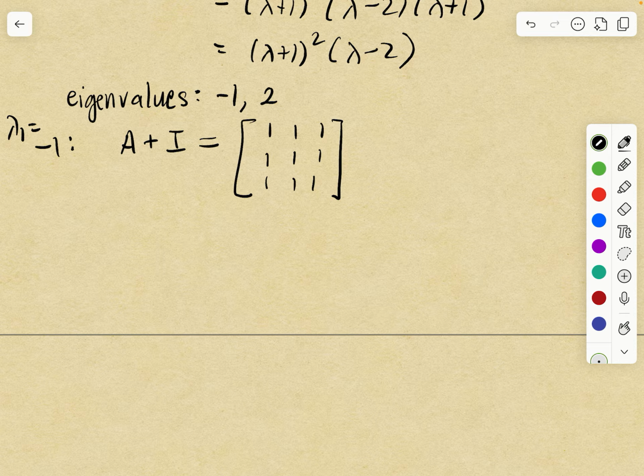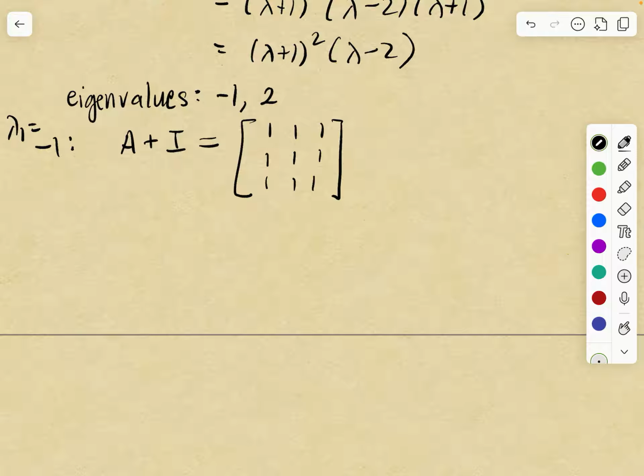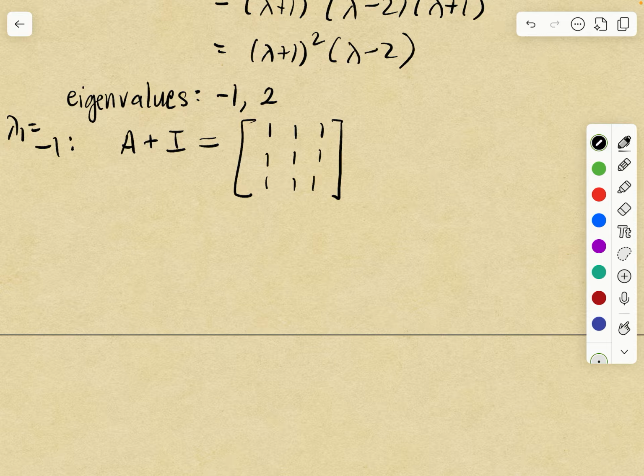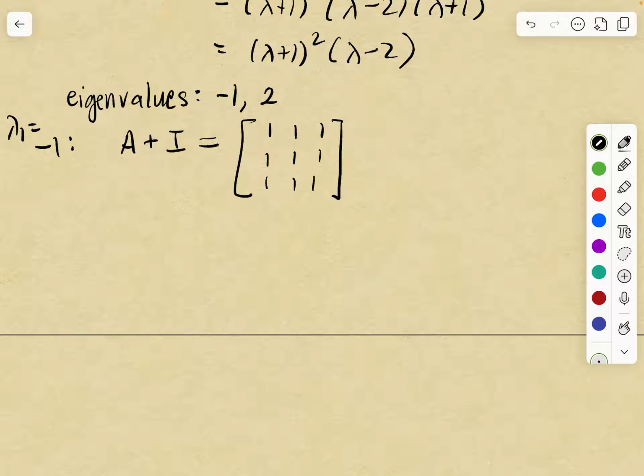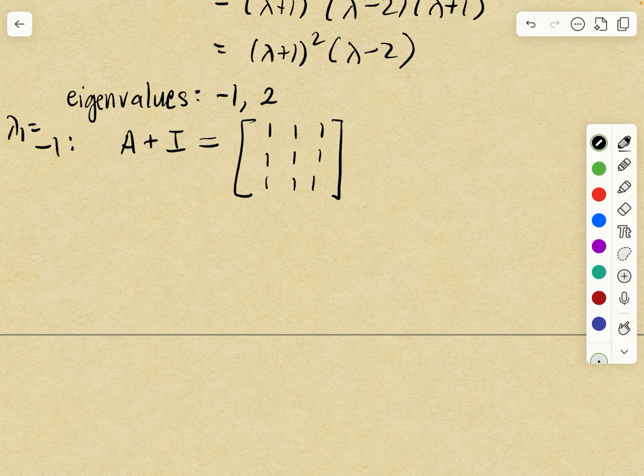If you want, you can write the augmented matrix. This is the coefficient matrix of my system. When you're solving a homogeneous system, your augmented column is just going to be zeros. When you do the row reduction operations, those zeros in the rightmost column are still going to be 0. That's why I tend to not write that column of zeros.